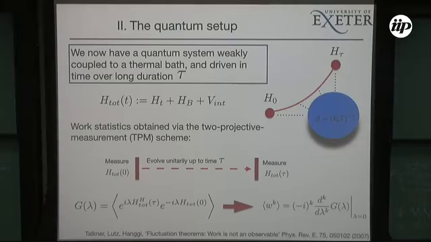Whatever your initial total state is, you measure the initial energy, evolve it unitarily, so this whole thing evolves unitarily due to this change in Hamiltonian, and then you do a final measurement. This will give you some moment generating function, which tells you what the work moments will be. This is just the standard way of treating fluctuating work.